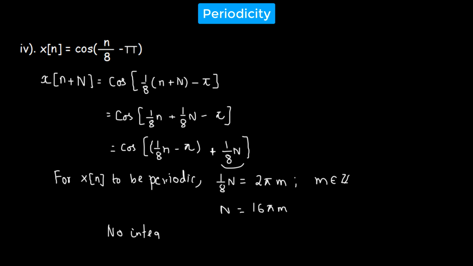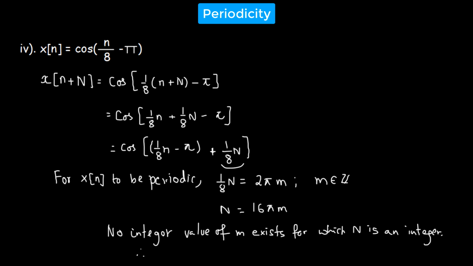No integer value of m exists for which N is an integer. Therefore, the given signal x of n is non-periodic or aperiodic in nature. Non-periodic.